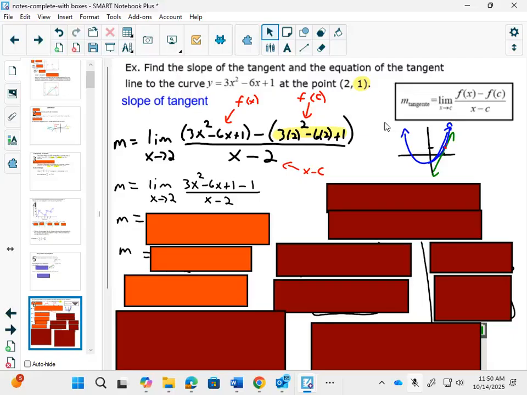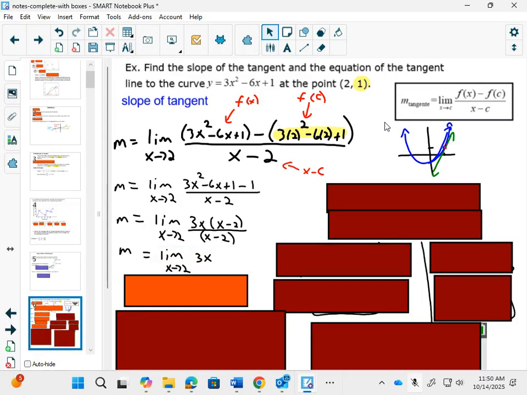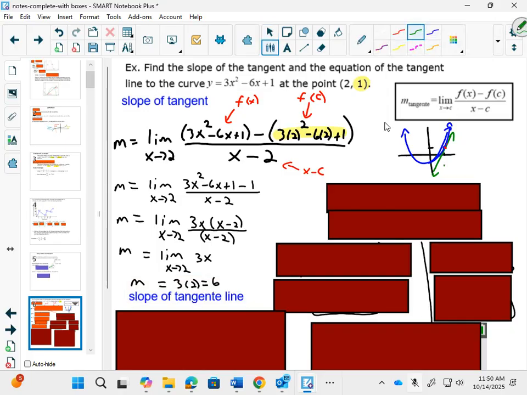Can you see that your 1 and your minus 1 will cancel out? And then you have a common factor of 3. And your x minus 2's would cancel out. And what's the limit as x goes to 2 now? 6. So the slope of this tangent line right here apparently is 6. Exactly.